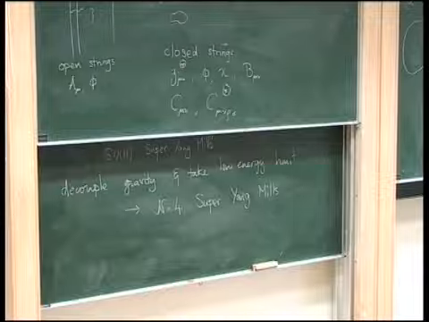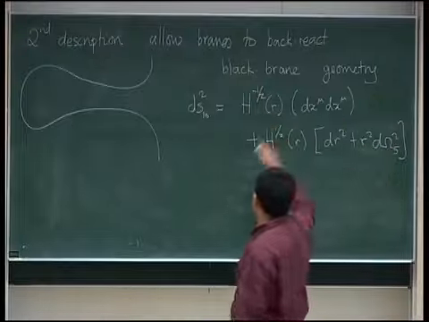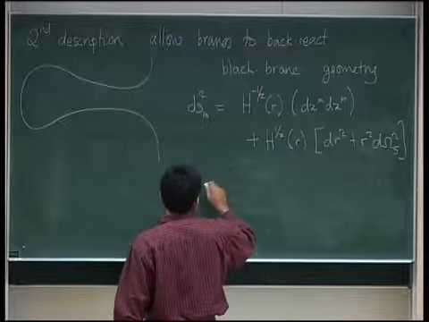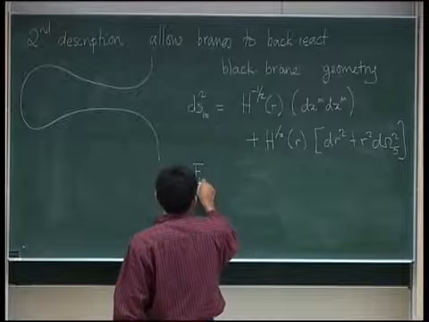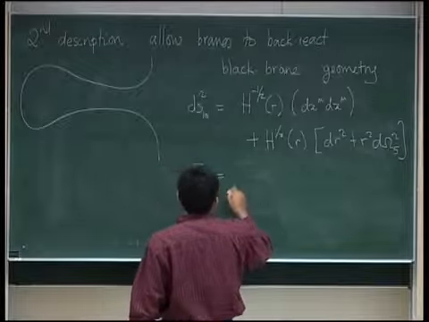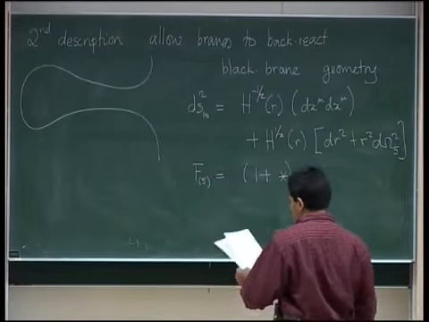So this geometry is a solution of type 2B equations of motion, where the geometry has been modified, the gravitons have been sourced, and there is a non-trivial five-form, which I'll write as follows.